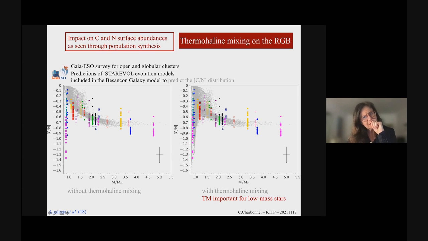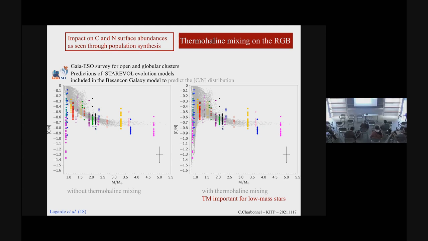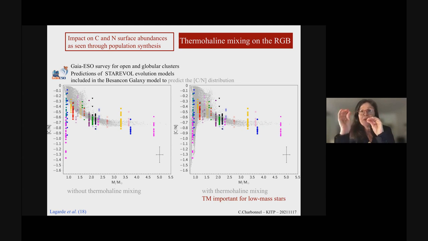Is that clear? So just clarification from Daniel Lequin. So you're saying that it's an age dependence. Is that what we're seeing? Not an age dependence. It's evolutionary phase dependence. So when the star is climbing along the color magnitude diagram, first you have the first dredge-up that changes the abundances.